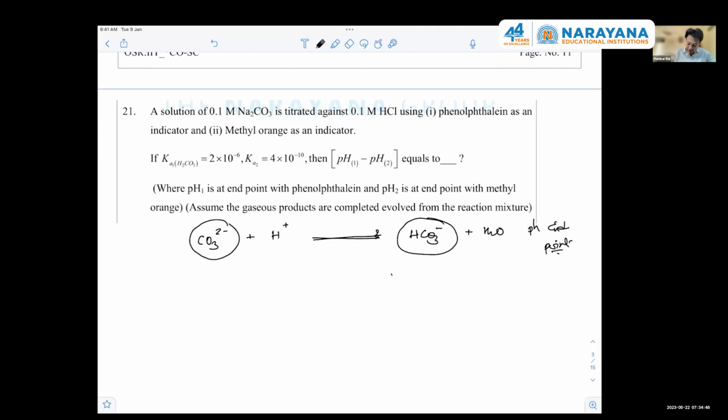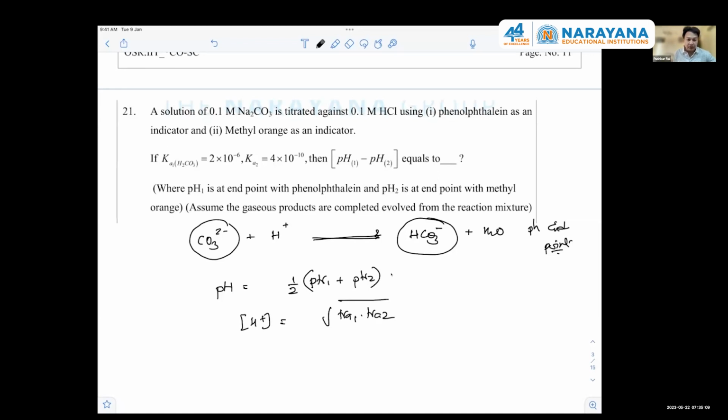This is the point where pH becomes what we already know. At this point, pH is given by half of pK1 plus pK2. Or you can say H plus concentration is equal to the square root of Ka1 into K2.